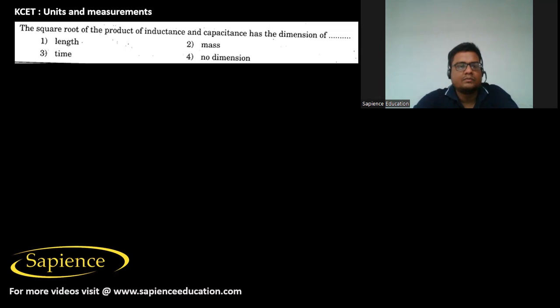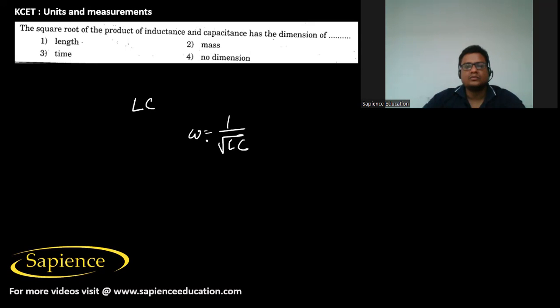The square root of the product of inductance and capacitance has the dimension of... So we know that omega equals 1 by root LC, or omega is 2 pi by T. So this is frequency.